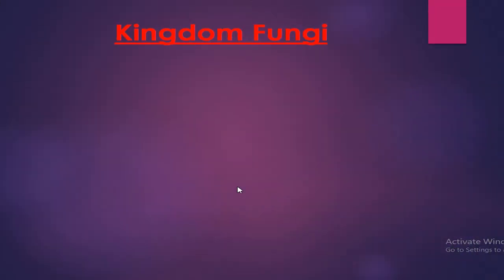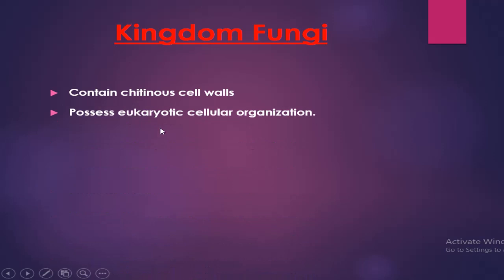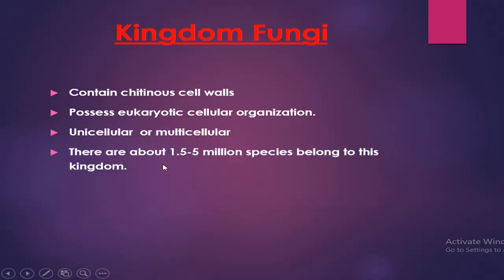Then we will learn about kingdom Fungi. They contain a chitinous cell wall. Second, they have an eukaryotic cellular organization, which we already know. Next, they are unicellular or multicellular. There are about 1.5 to 5 million species belonging to this kingdom.